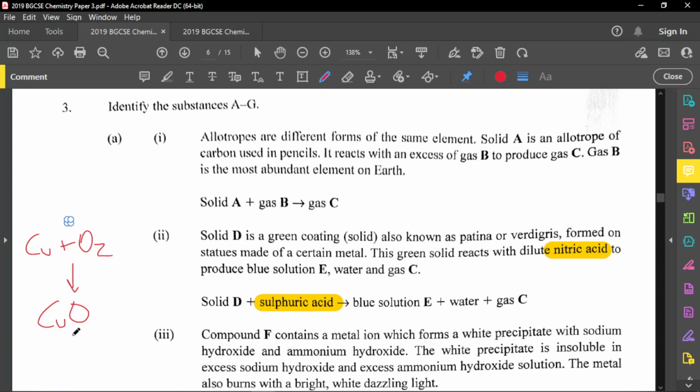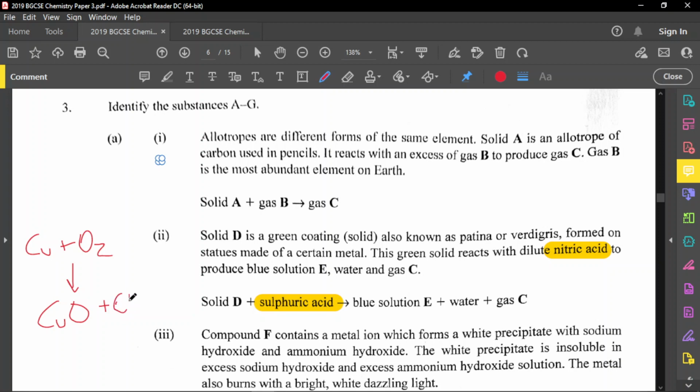And then what's going to happen now is that this copper oxide is going to react with carbon dioxide. Let's put carbon dioxide there. I'll put my oxygen on top. So the copper oxide is now able to react with carbon dioxide.